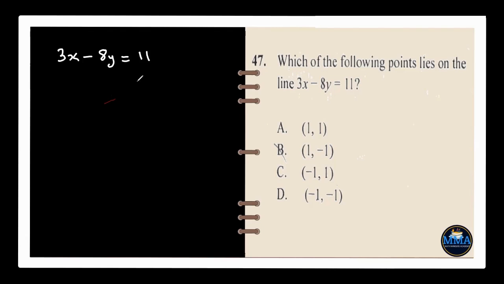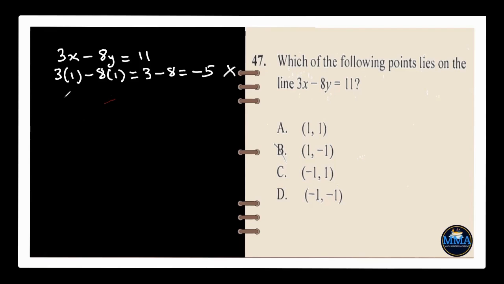So we are going to substitute these points given in the options, and we see which one of them will give us 11. That is, if we substitute the first point, x is 1, y is 1. That gives us 3 minus 8. We have minus 5. So this one has failed.